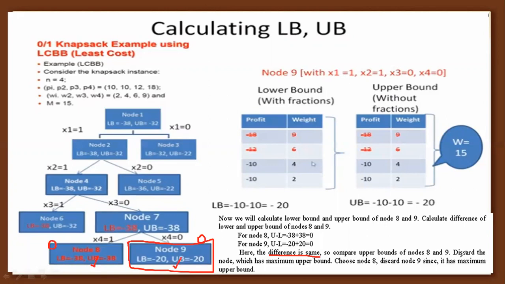Which one is having the maximum upper bound, that can be discarded. Here node 9 is to be discarded because it is having maximum upper bound, and we select node 8 only.